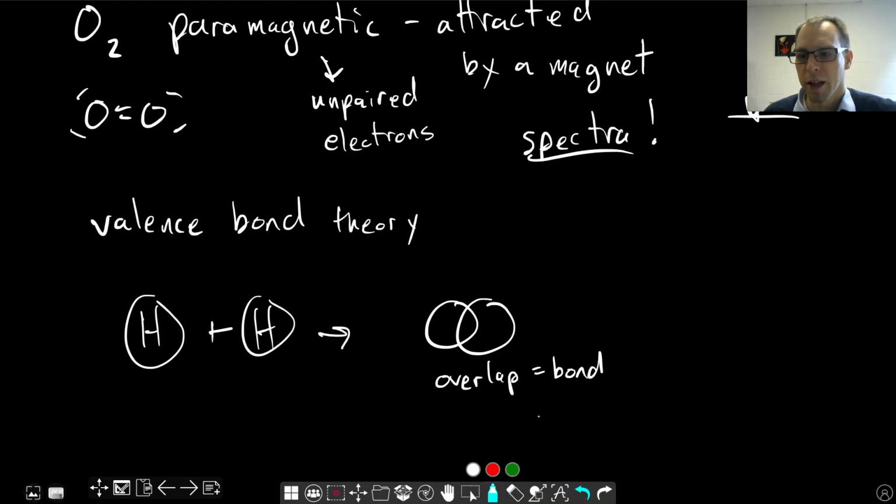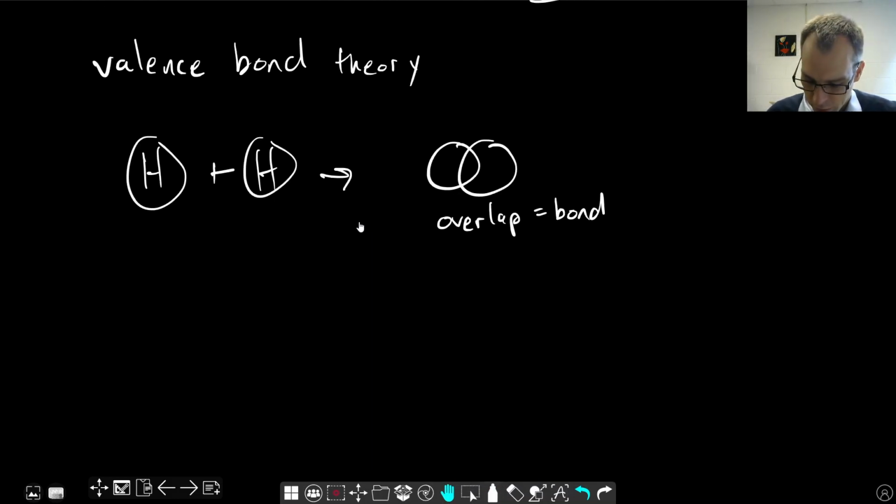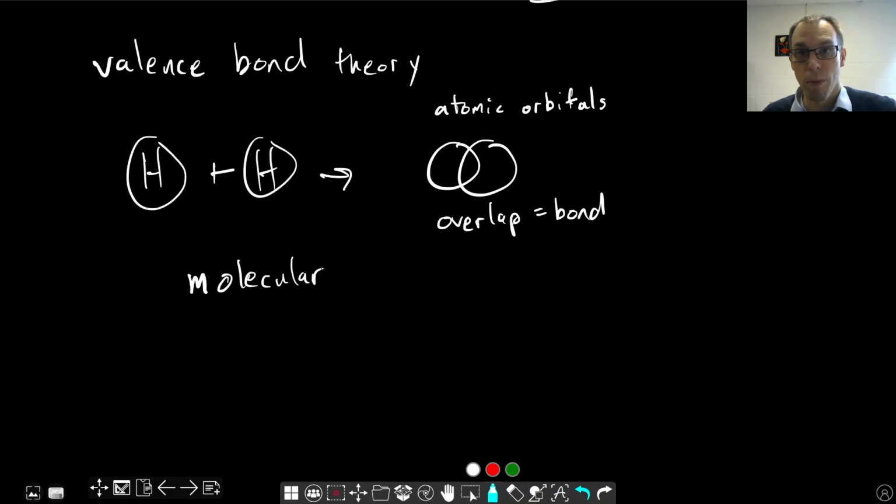The difference with molecular orbital theory is that instead of thinking about our orbitals overlapping, we're thinking about combinations of orbitals. In valence bond theory, these are atomic orbitals overlapping, each thought of as belonging to a single atom. In molecular orbital theory, we think about an orbital that spreads across the whole molecule instead.